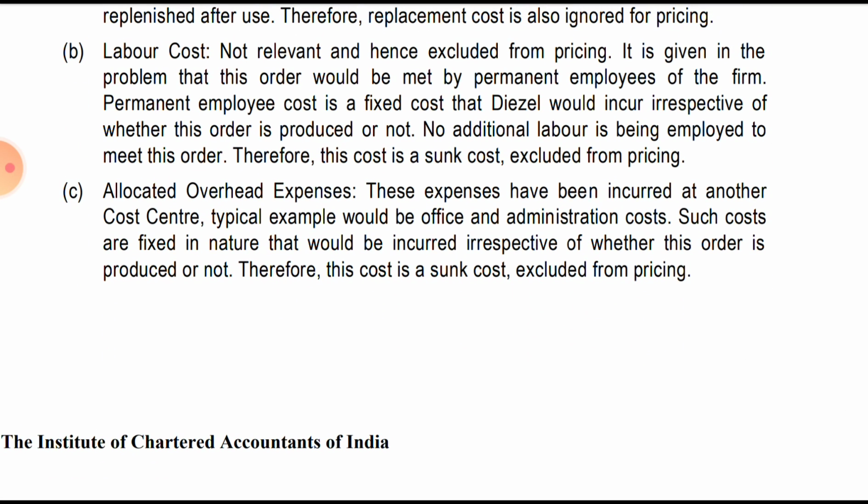Third, C, that is allocated overhead expenses. These expenses have been incurred at another cost center. A typical example would be office and administration cost. Such costs are fixed in nature and would be ignored irrespective of whether this order is procured or not.